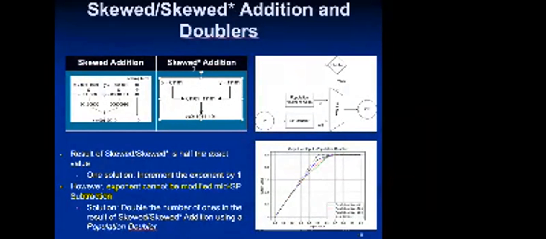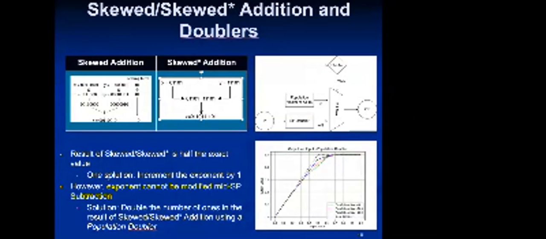Now, if we use skewed addition or skewed star addition for subtraction, we face a problem because we cannot modify the exponent term mid-subtraction. An alternate solution to doubling the result is to double the number of ones in the result population vector.